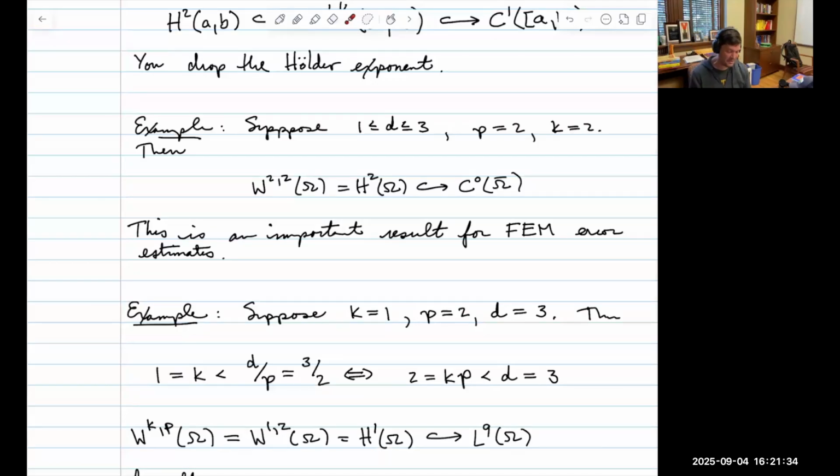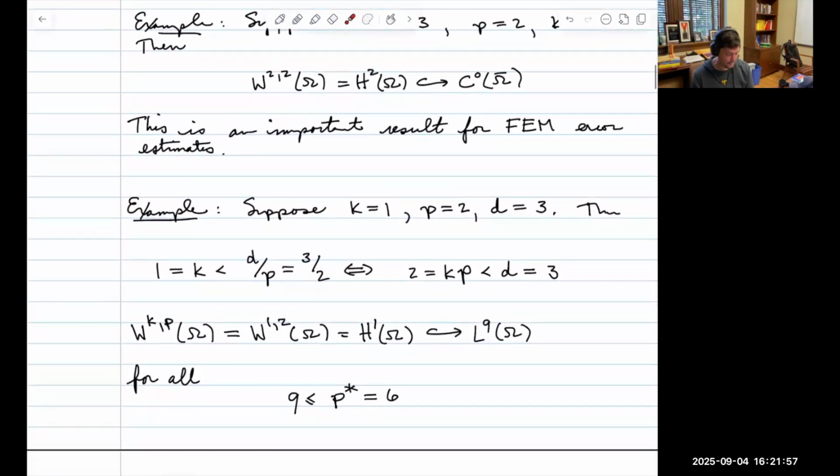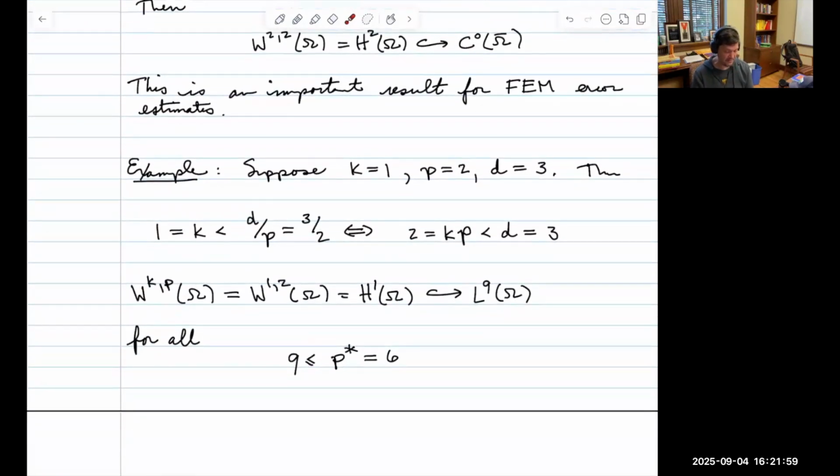Then this is always going to tell us that if we have an H2 function, then those are continuous functions, and there's a representer from that equivalence class of functions which is continuous, so we can always meaningfully talk about the point values of the functions in this class. Okay, so again, that's very important for us for finite element methods.